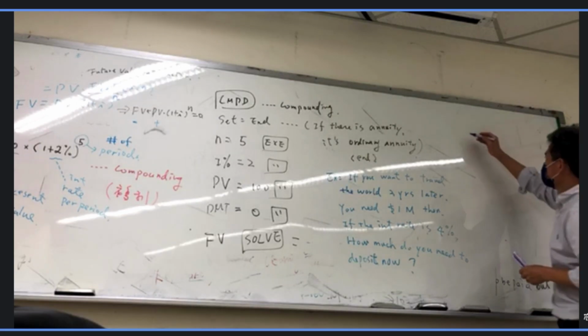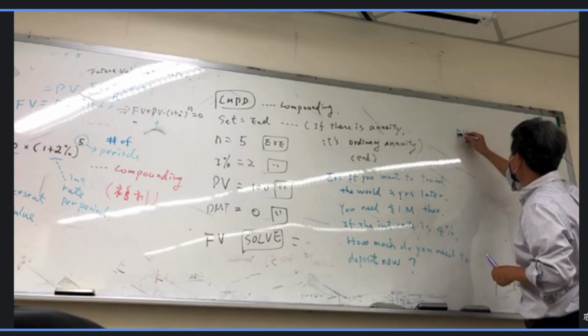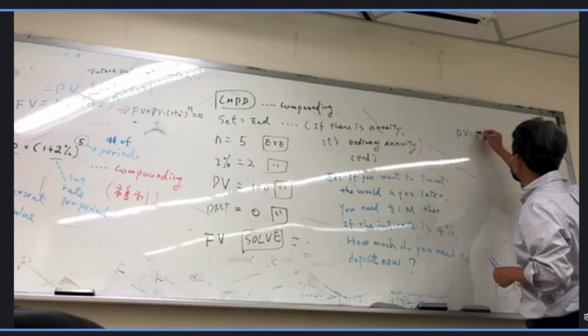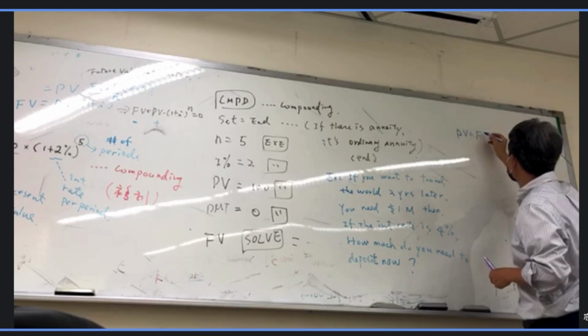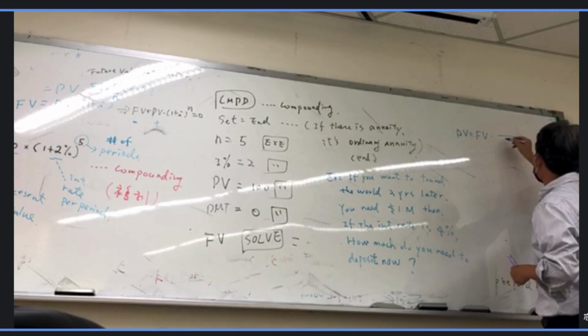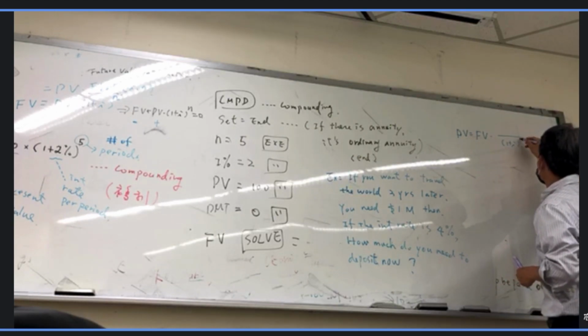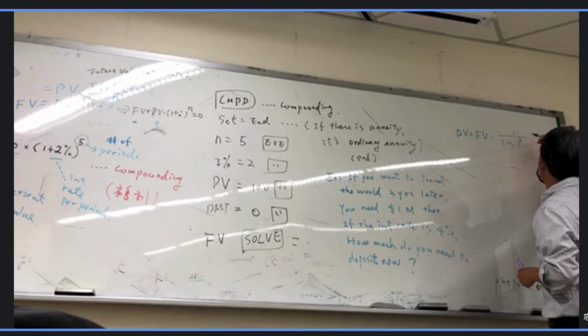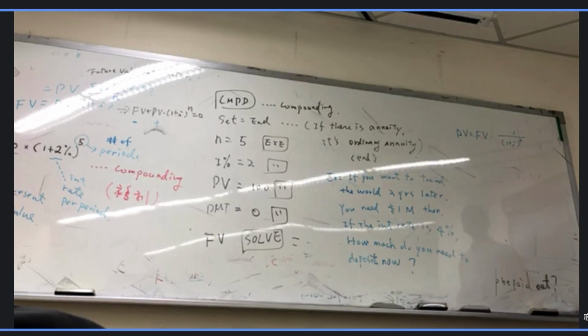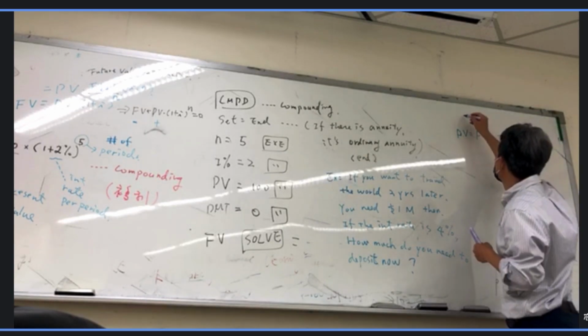So we know PV as FV times 1 plus I. With this, we call this discounting.